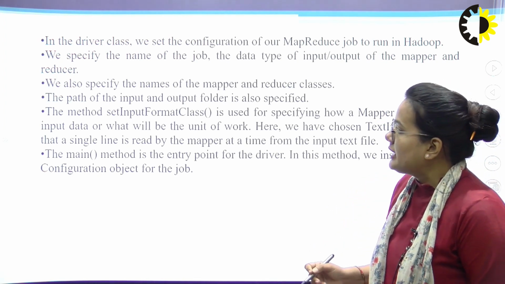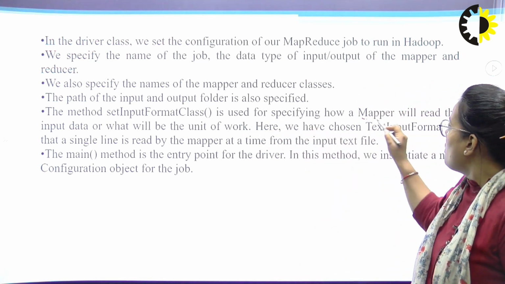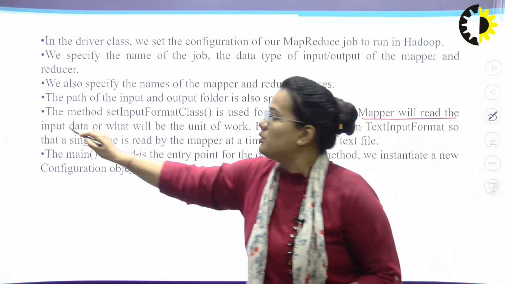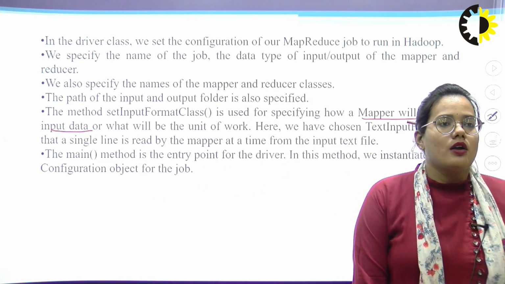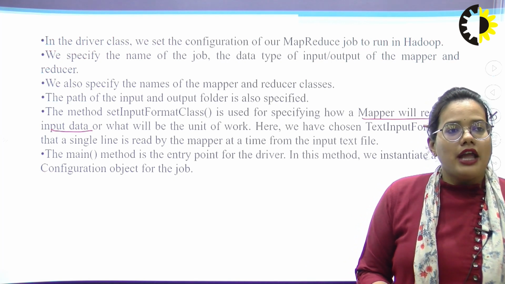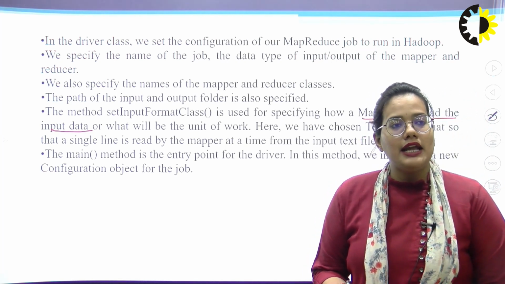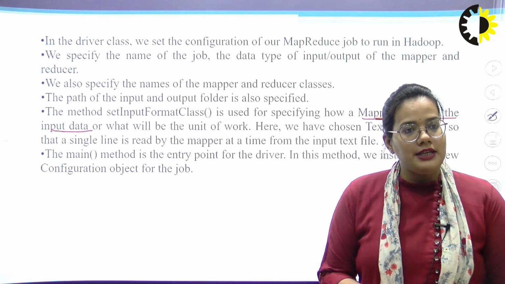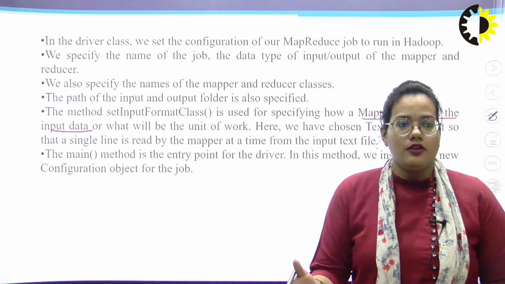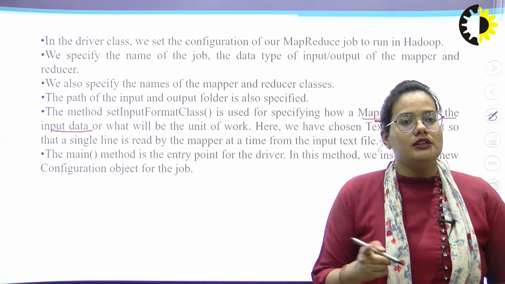The method setInputFormatClass is used for specifying how the mapper will read the input data or what will be the unit of work. We have chosen TextInputFormat so that a single line is read by the mapper at a time from the input text file. At last, the main method is the entry point for the driver.